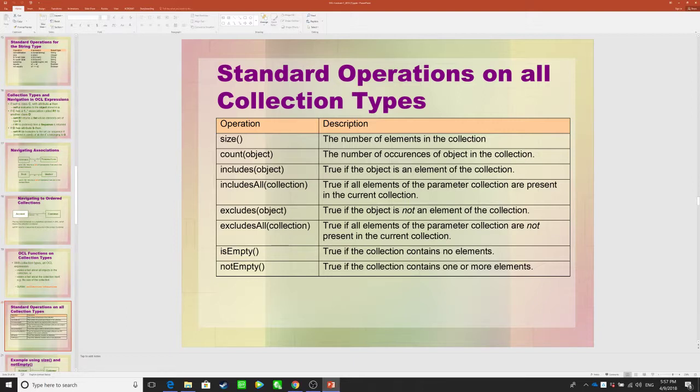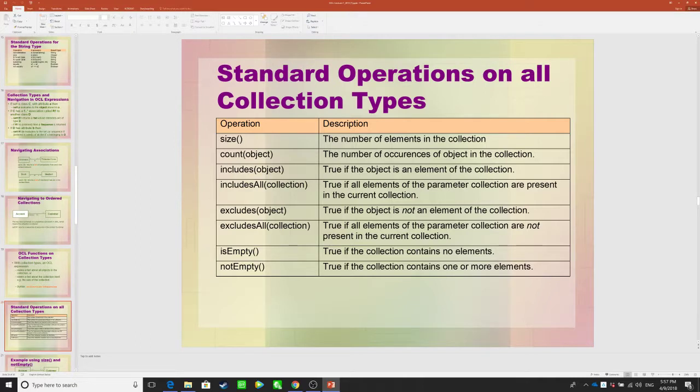You can understand that just from the name of the operation. Includes takes an object as a parameter, and it means whether that object is present in the set, collection or sequence.